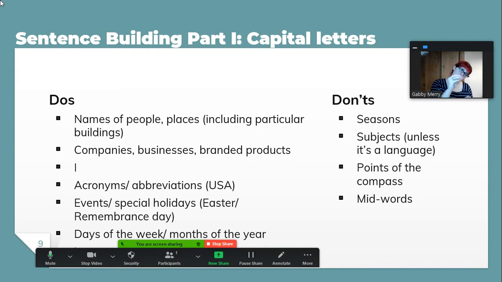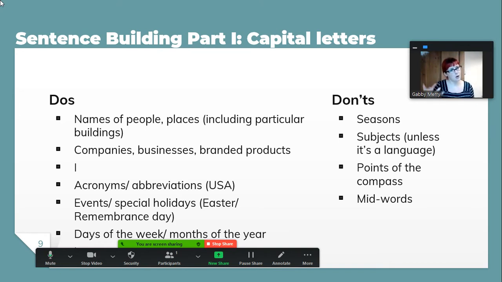But if I'm talking about the specific name of something, I do need a capital. So again, look at car. A car in the street doesn't need a capital. But if I'm talking about the specific make and model, like Ford Fiesta, that would require capital letters because it's the specific name for that car.